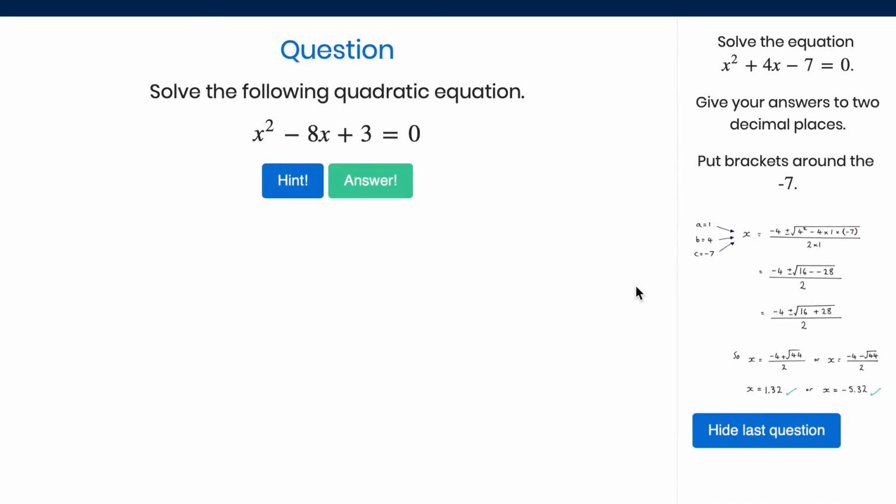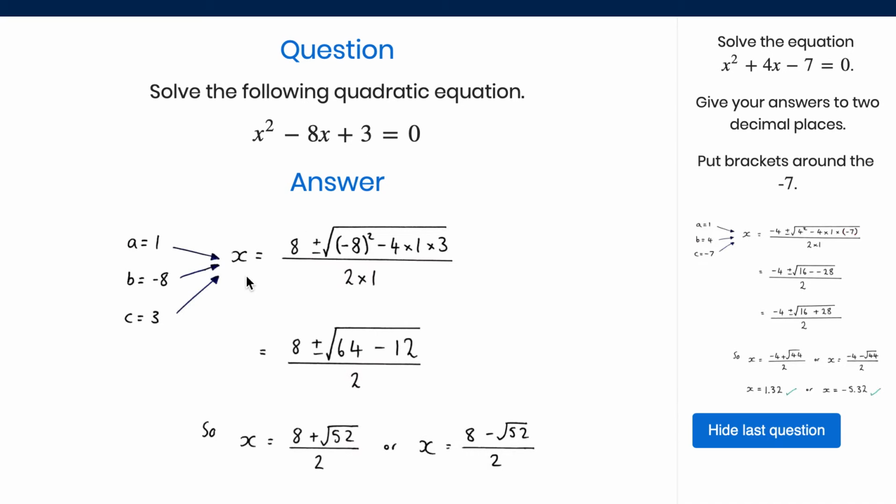We'll do this by substituting a equals 1, b equals minus 8, and c equals 3 into the formula. Now, because b is negative, minus b is going to be positive, and so the minus b on the outside becomes positive 8.